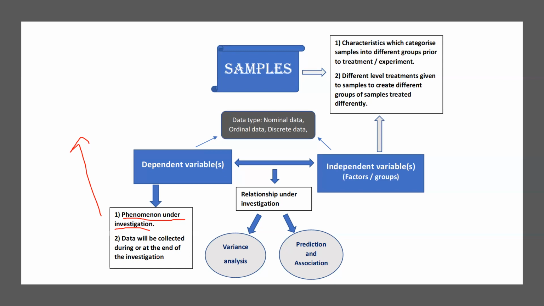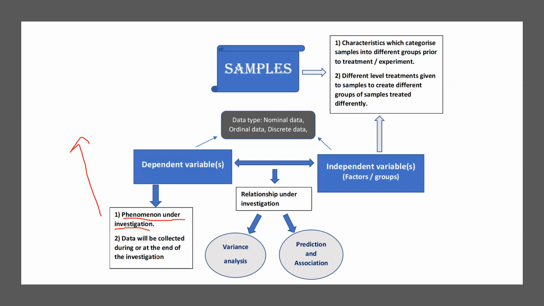The little bit of extra material that I'm bringing in this lecture is to link the independent variable to your sample. So when you state your research objective, you must locate your sample.